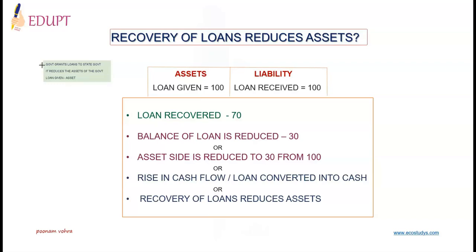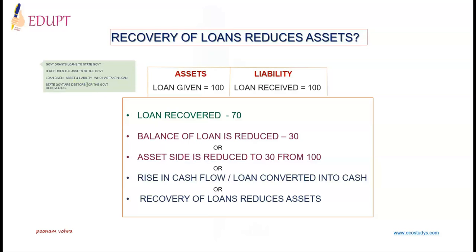If loan is given, it is considered as an asset in my account due to double entry book system, and is liability for the one who has taken loan. So, as government advances loans, state governments are the debtors for the government.